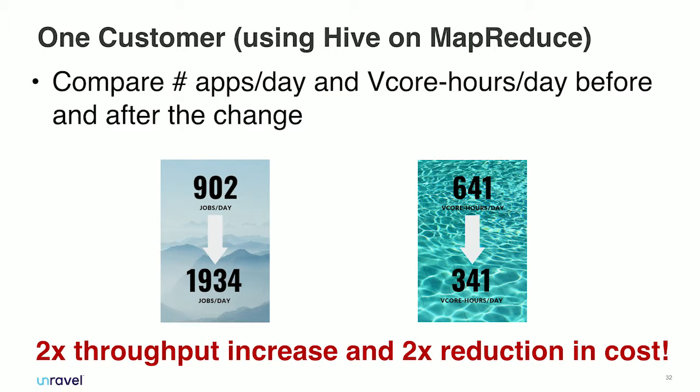With that increase in the number of jobs per day, you would expect the number of vCore-Hours to also increase dramatically. But surprisingly, it's almost half of that resource. That underscores how wasteful the cluster default was before for the given workload.